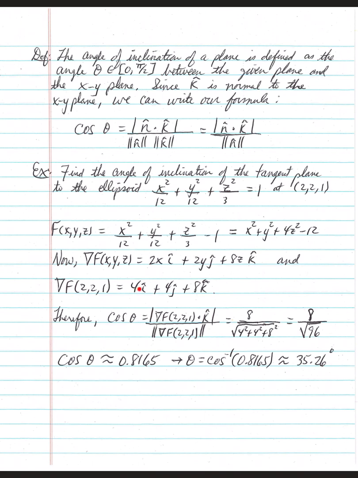When you dot this vector with the standard unit vector k, all you're going to have is 8 times 1. And why is that? Because the standard unit vector k has no i or j component, so really you're just doing 4 times 0 plus 4 times 0 plus 8 times 1.